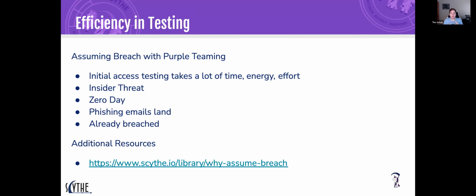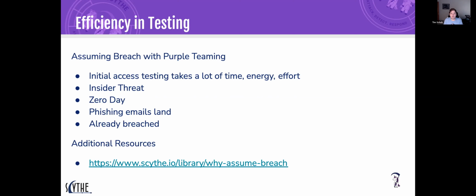And the nice thing about this is that while the idea of assuming you've already been breached can sometimes be a tough pill to swallow, because it takes admitting that maybe you would get breached. And even if you have an outstanding team, and a really good set of perimeter security tools and configurations, there's always 0 days.